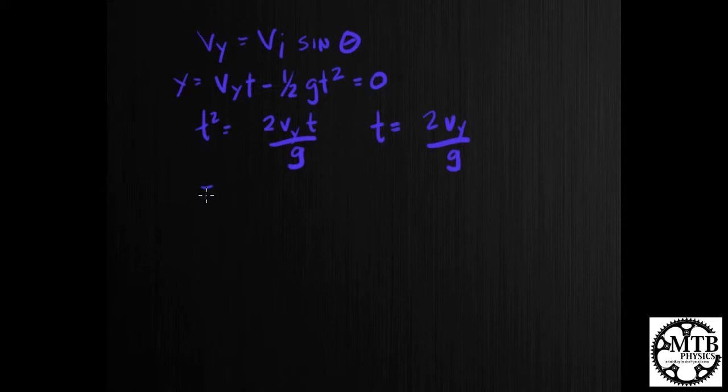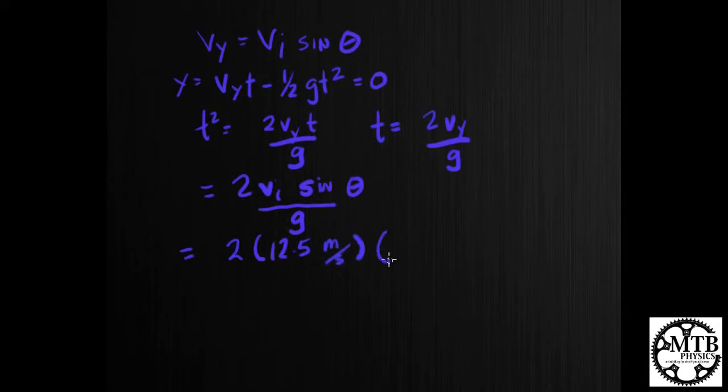which is equal to 2 times our initial velocity times the sine of theta divided by acceleration due to gravity. Grab your calculator, plug in the values: 2 times 12.5 meters per second times the sine of 30.0 degrees, 3 sig figs, divided by 9.81 meters per second squared.